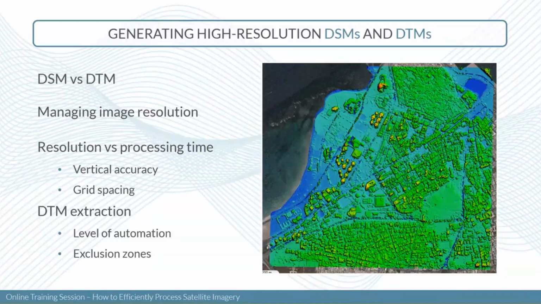Also, when we work with panchromatic and multispectral imagery, managing the image resolution, so what is the final optimal resolution you can get from the satellite imagery? That's always a good question. I usually suggest customers go with a resolution that is fairly consistent with the resolution of the imagery.